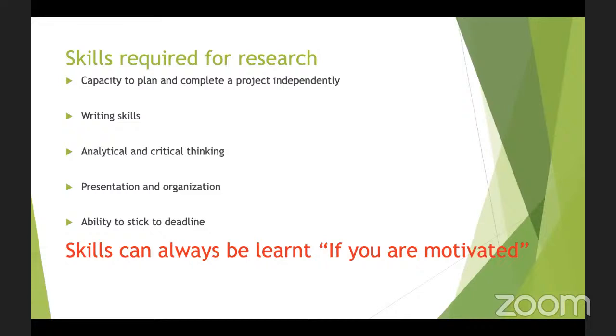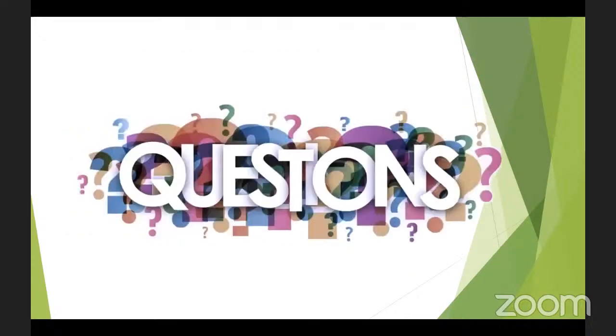You can learn how to plan, how to do a project independently, how to do good research, how to write papers and journals, or how to think critically and evaluate something critically. Then presentation and organizational skills you can easily learn, but you should be motivated. And with this, that's the presentation. If you have any questions, I'm open to it.